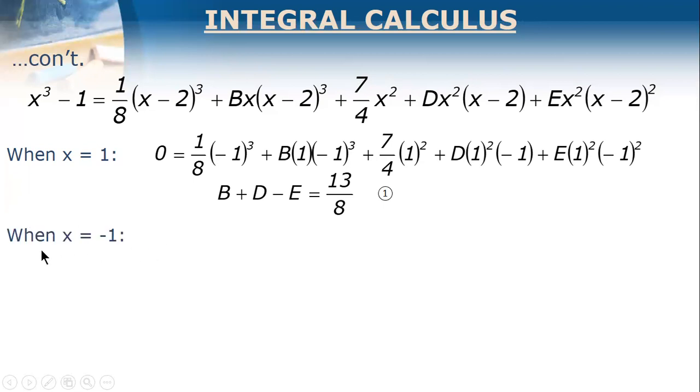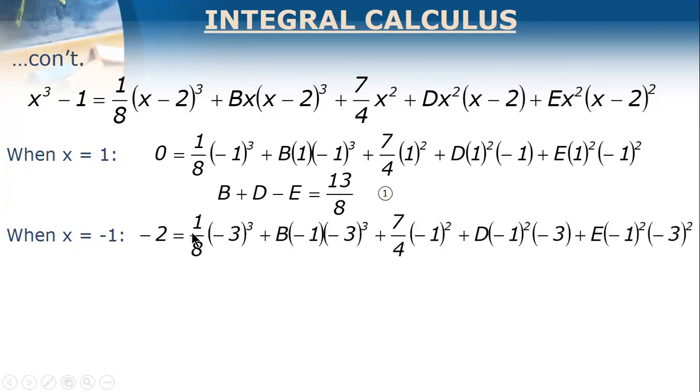Next, when x is equal to negative 1, this is the result. And then simplify. Okay. This is our equation number 2.